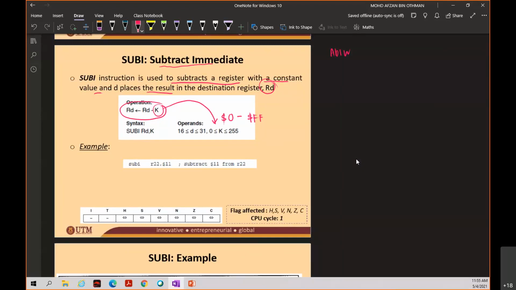Since this involves the immediate value, you see here the instruction ends with an I, so the R must be from R16 to R31 only.